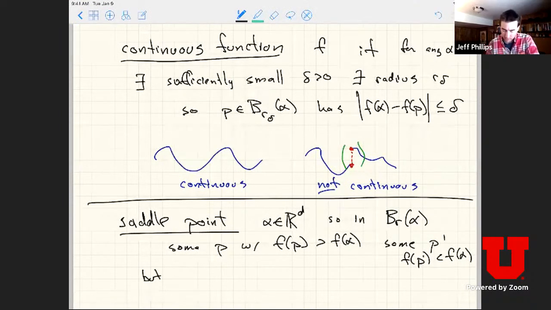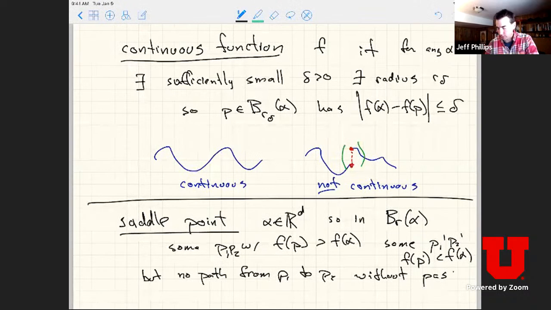I'm going to call these P1 and P2, two points, and this will be P1 prime and P2 prime, but there is no path from, say, P1 to P2 without passing through alpha or some p prime such that f(p prime) is less than f(alpha).